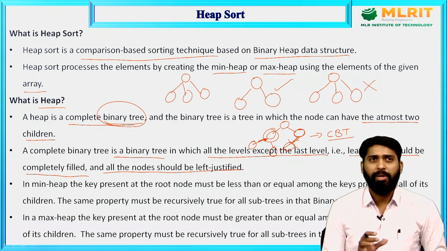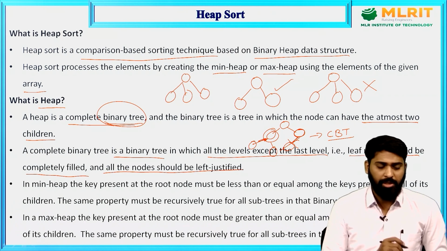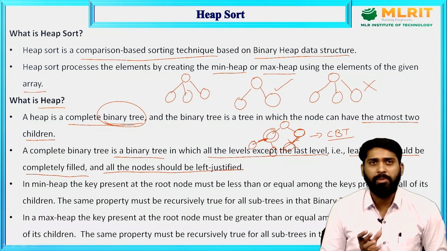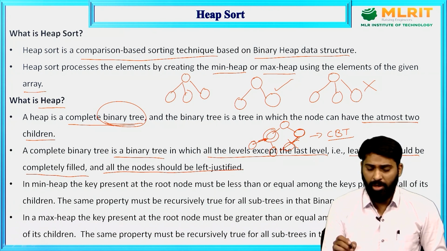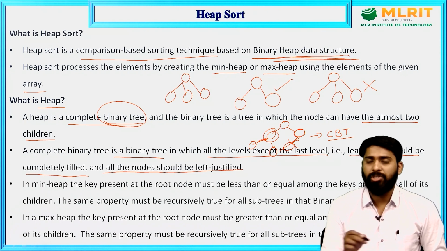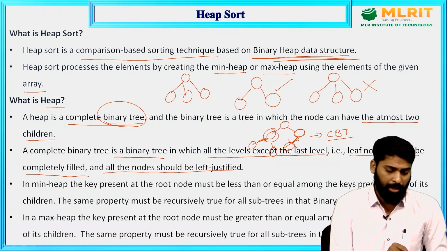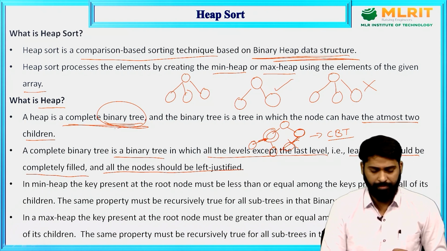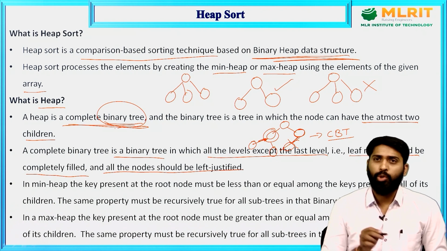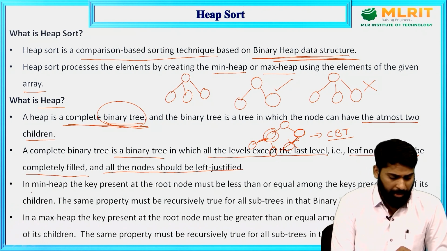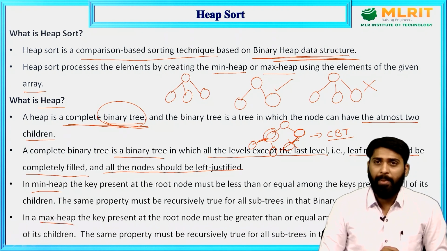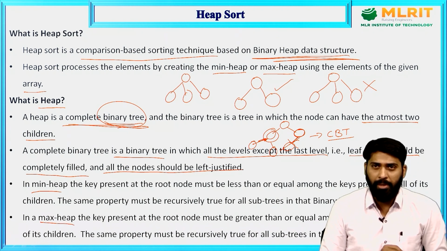Okay, so now coming to heap sort. So what is heap sort? Heap sort is a comparison based sorting technique based on the binary heap data structure. So what is a heap? Heap is a complete binary tree. Now here we have two types of heaps: one is min heap, another one is max heap. So what is min heap?